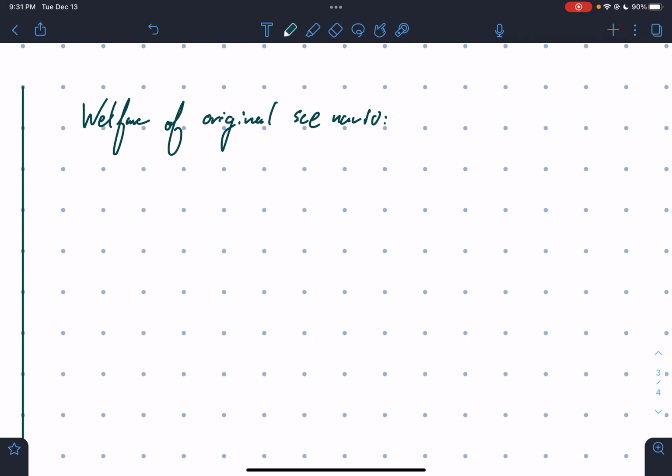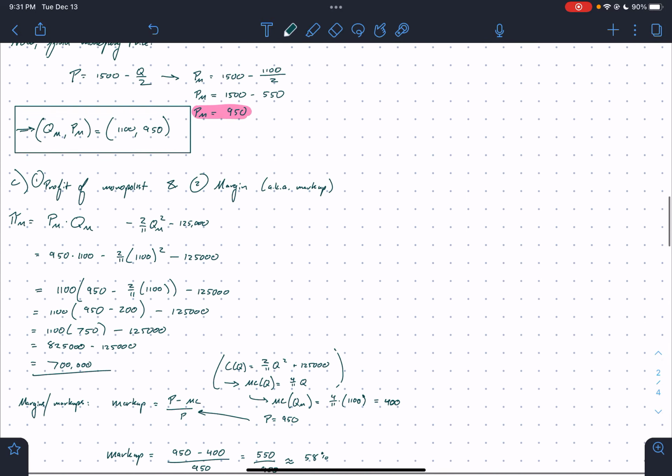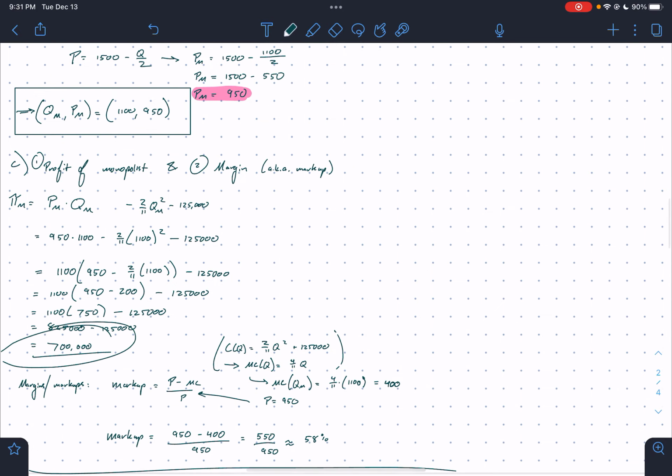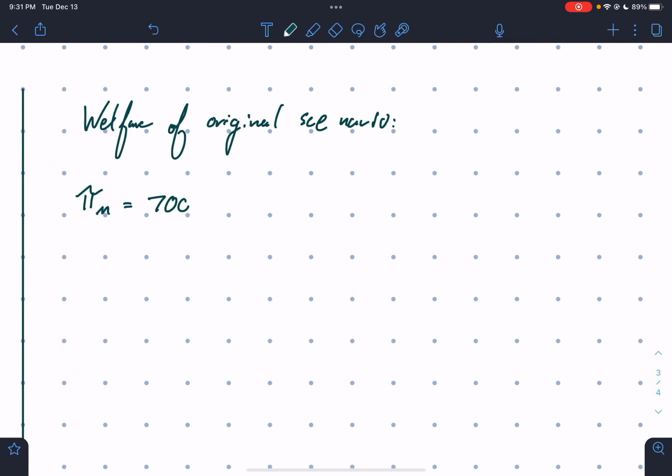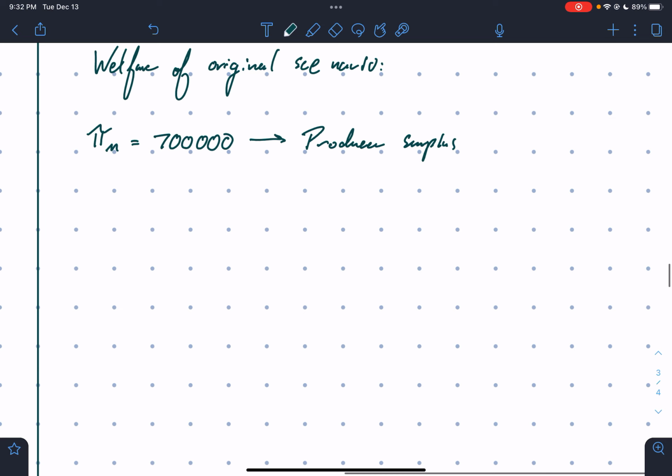So we had the profit of the monopolist was 700,000. So we found that right there. So this is producer surplus. And then what we're going to do is compute consumer surplus.